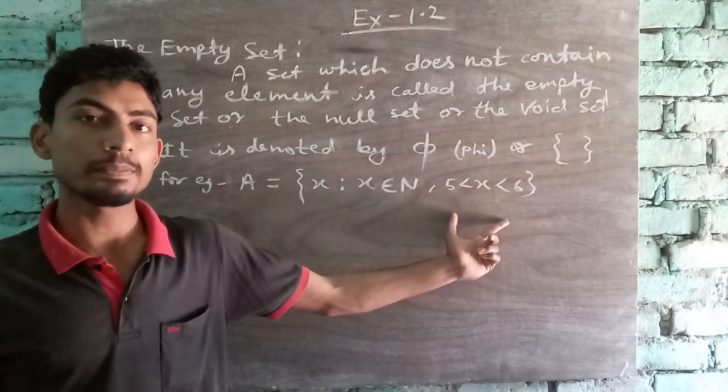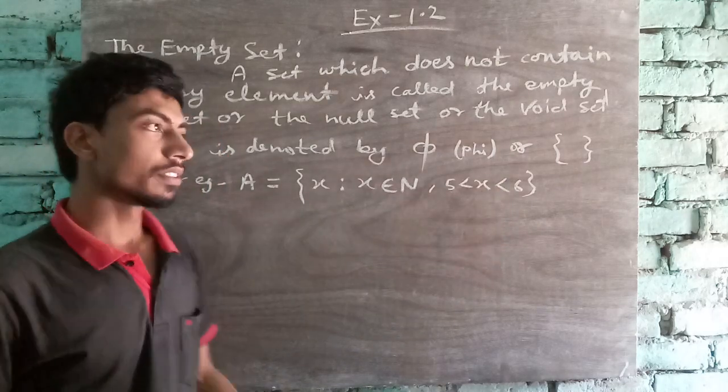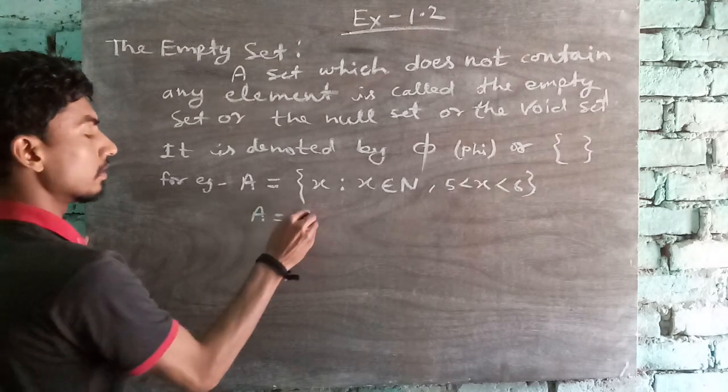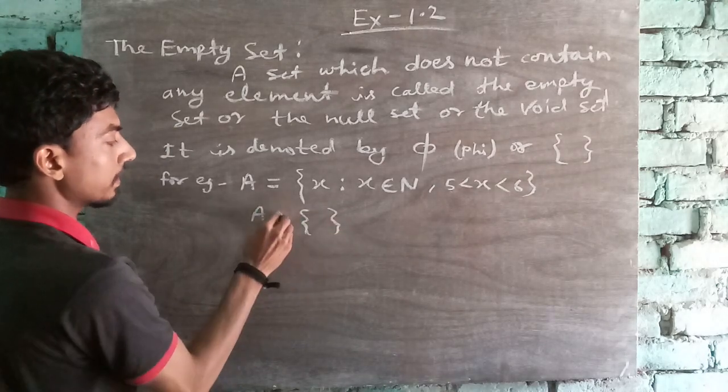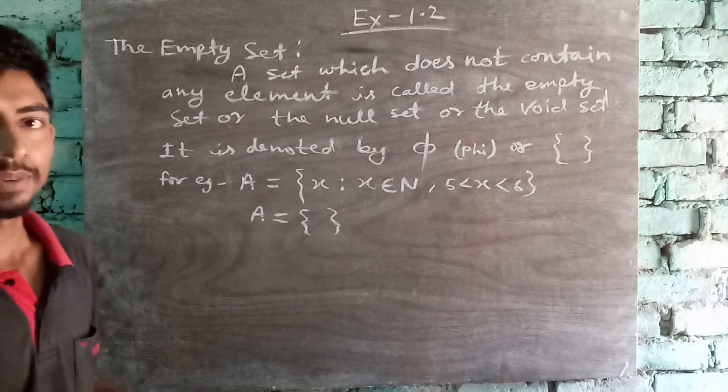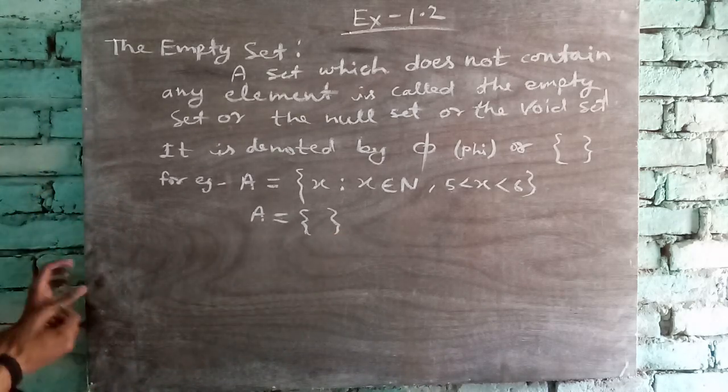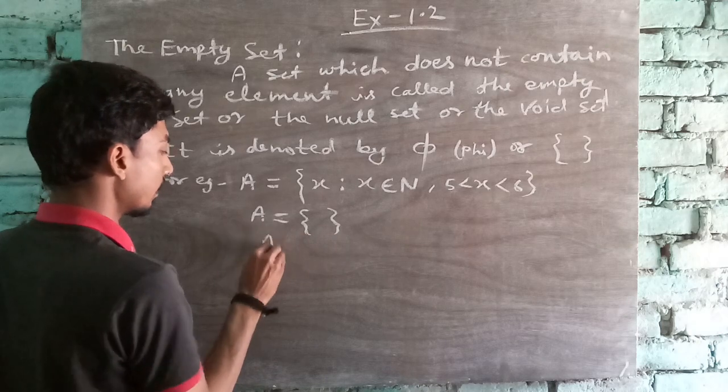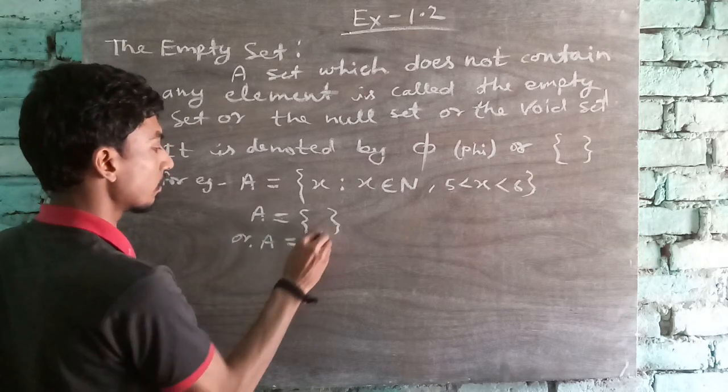There is no natural number between 5 and 6. Therefore this set is an empty set. We can write it as phi, or A is equal to { }.